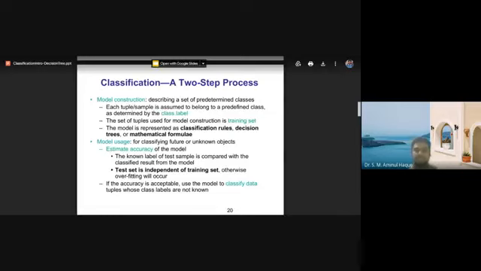So for that, we reserve some data for testing, and using this testing data, we evaluate the accuracy of the model that we have built. And there's another phase, model use: when we evaluate the model with the test data, depending on the accuracy, we can decide whether we can use this model in the real world or not.